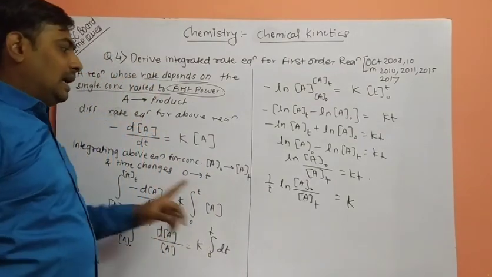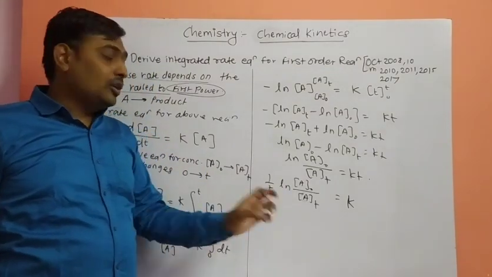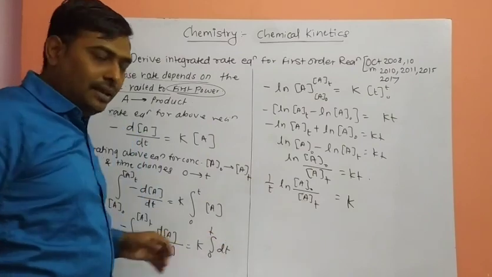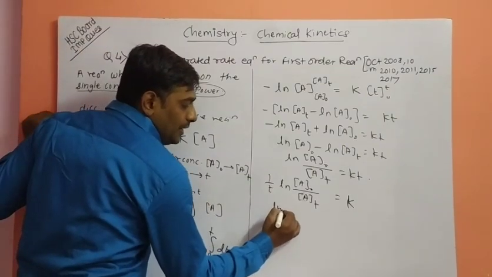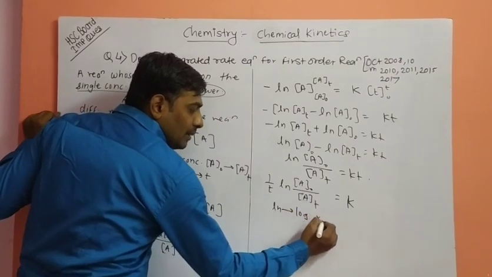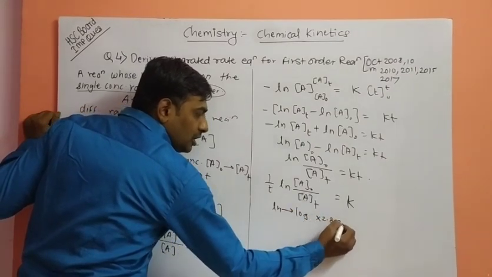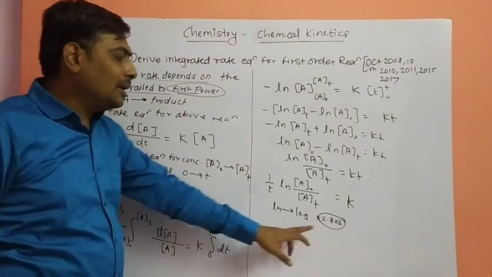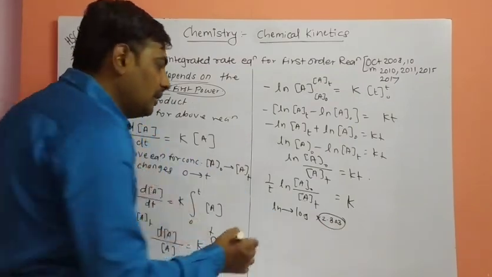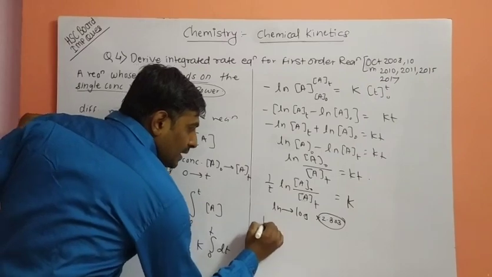Ln always has base e, while log always has base 10. So for conversion of ln into log, we are multiplying by 2.303 always. If you want to convert ln into log, what do we multiply by? Always 2.303. So what equation will we get?